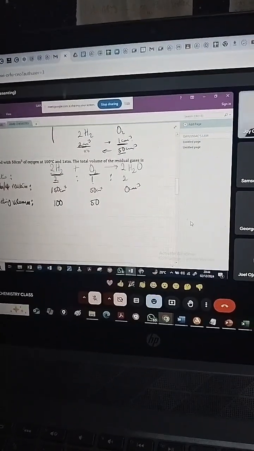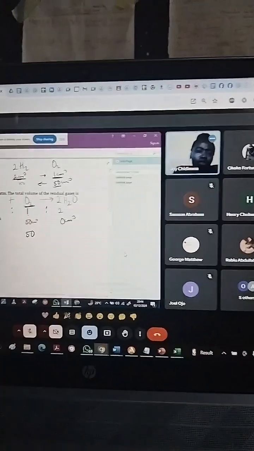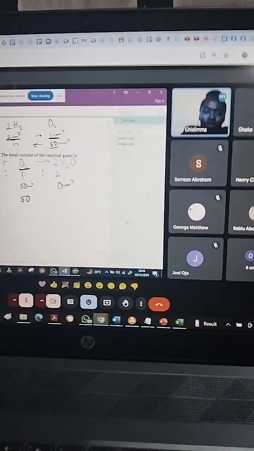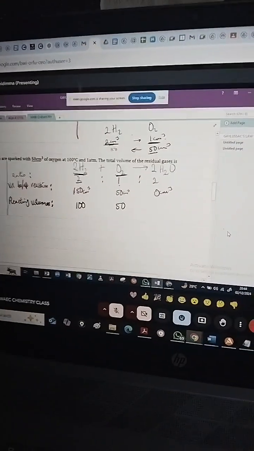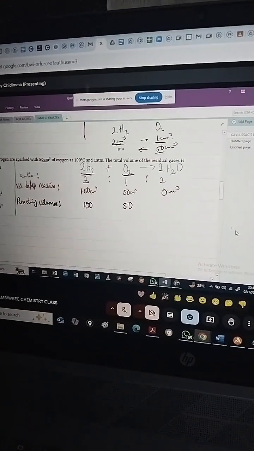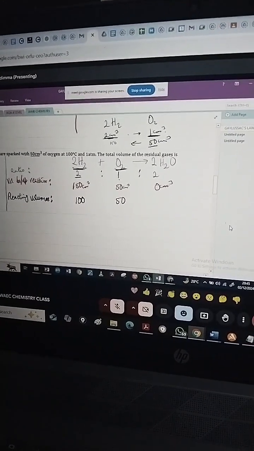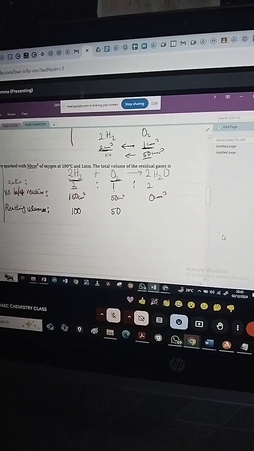Okay? Now, we were given 50 cm³ of oxygen and 150 cm³ of hydrogen. We have to find out if we are using everything, using the ratio. From our ratio, 1 cm³ of oxygen requires 2 cm³ of hydrogen.